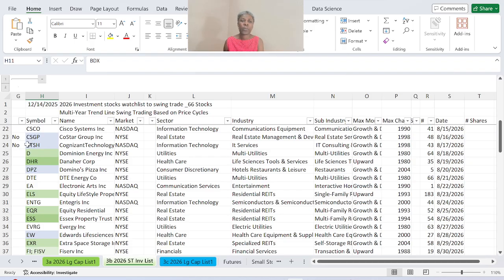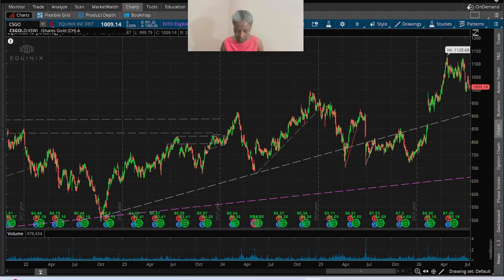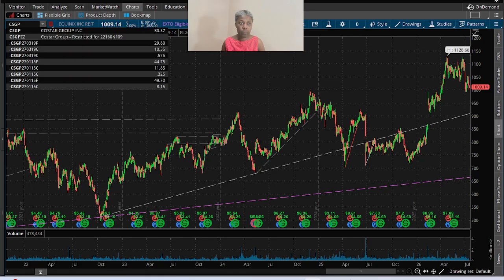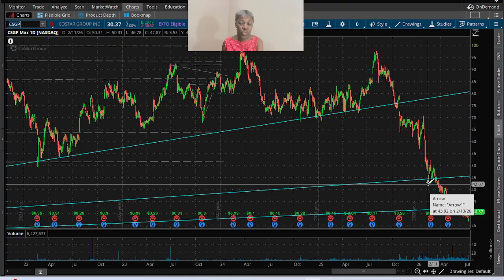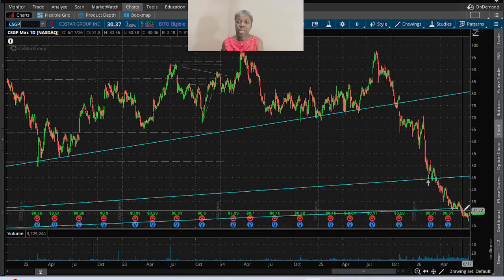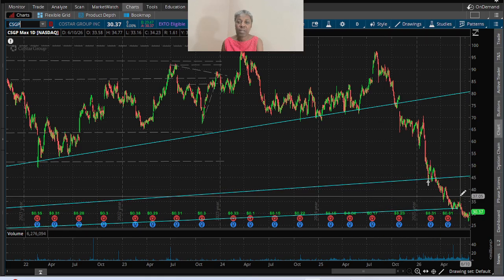The first one is CSGP. Okay, so I purchased it. I'm finding an arrow here showing that I purchased it, and you can see that it continued to go down. But that is not the reason why I say no to it.